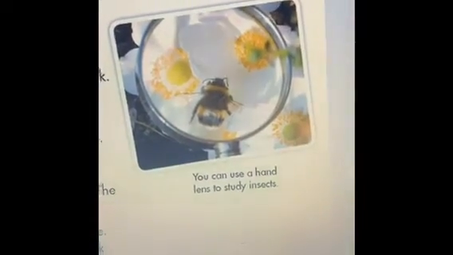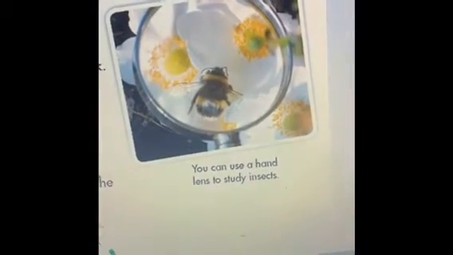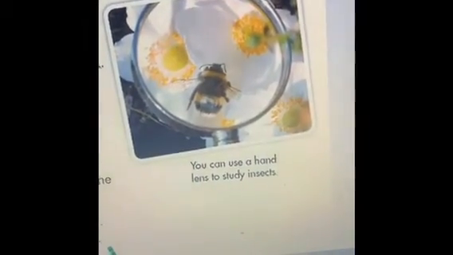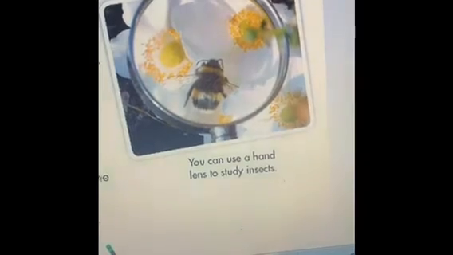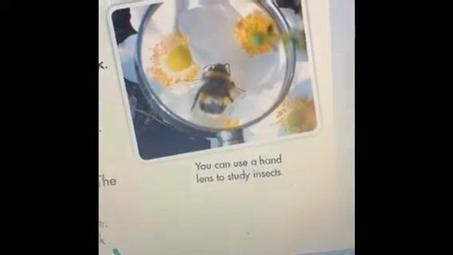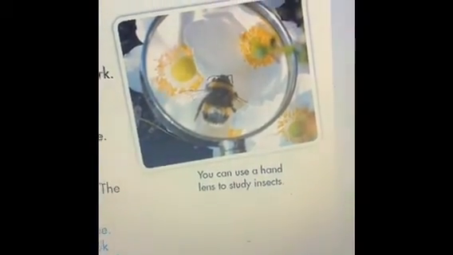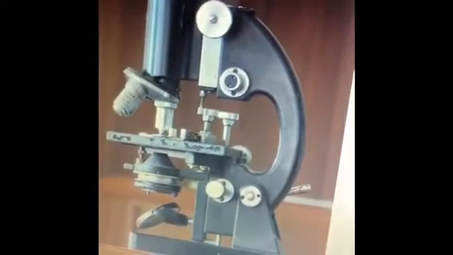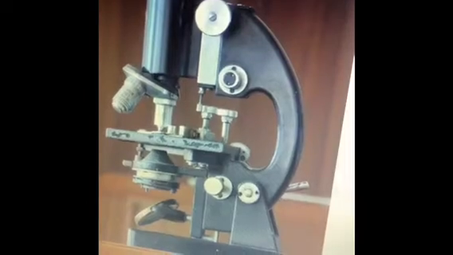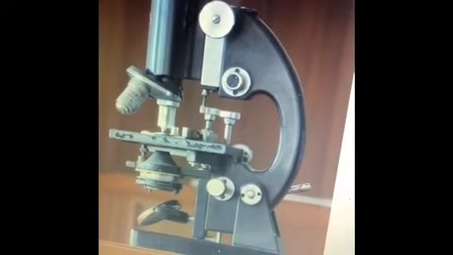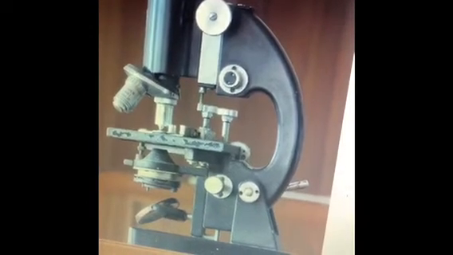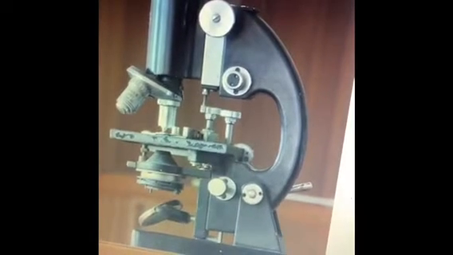And also we have another tool we can use to see tiny objects that we cannot see with just our eyes, like the microscope. We use a microscope to see, for example, germs. We cannot see germs with just our eyes, so the microscope is another tool.